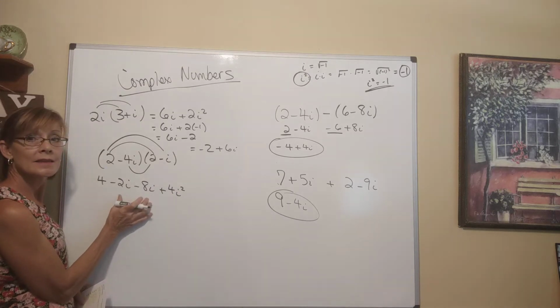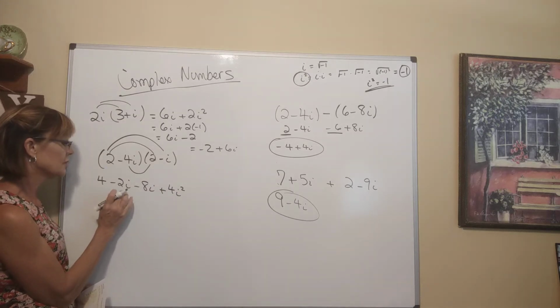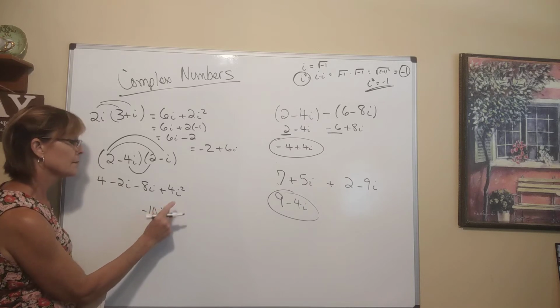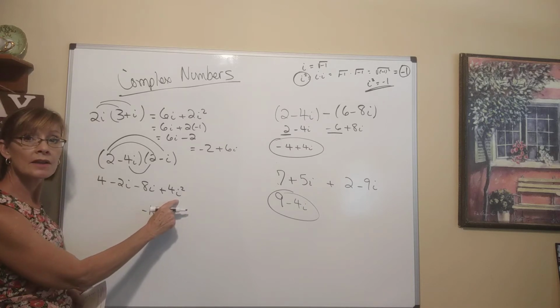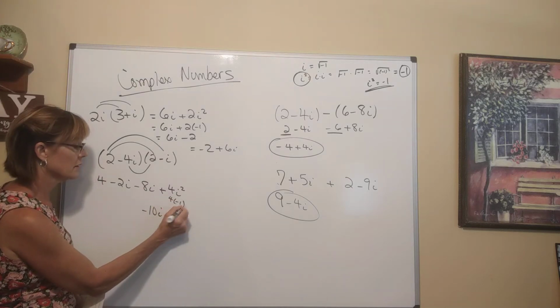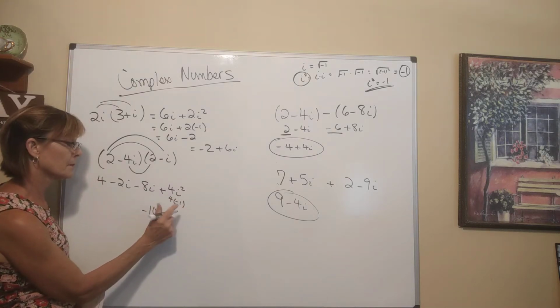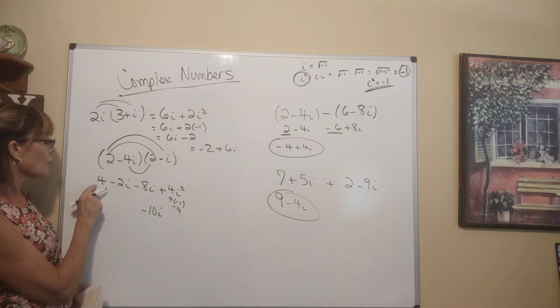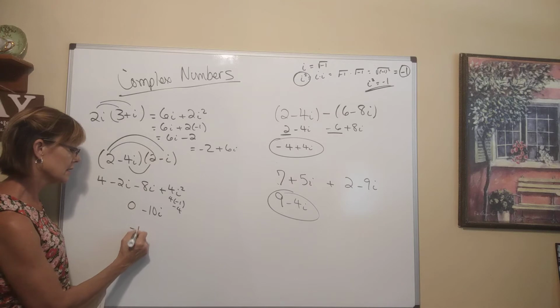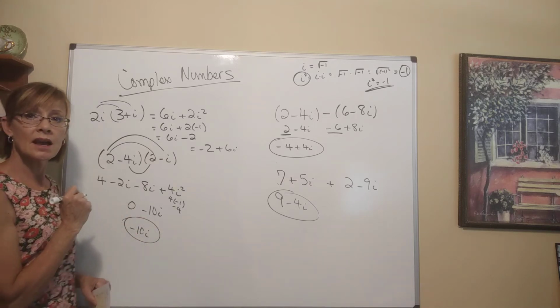We can collect these imaginary parts together. Negative 2i plus negative 8i is negative 10i. Right here, i squared is really the number negative 1. So this is really 4 times negative 1. This is really a negative 4. Well, 4 plus negative 4 is 0. So really, this whole thing multiplied together becomes negative 10i.